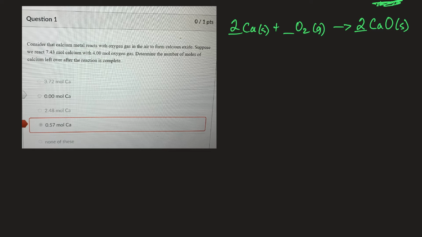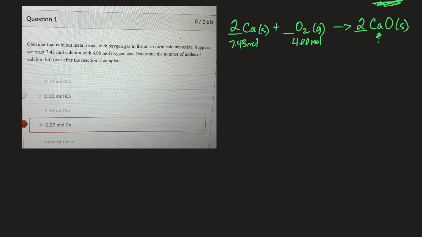Okay, so then they say, suppose we react 7.43 moles of calcium with 4 moles of oxygen. Then they say, how many moles of calcium are left over after the reaction's complete?